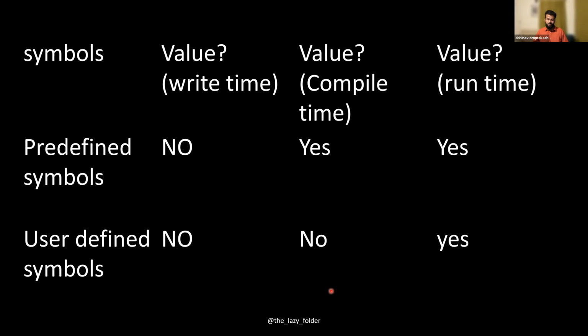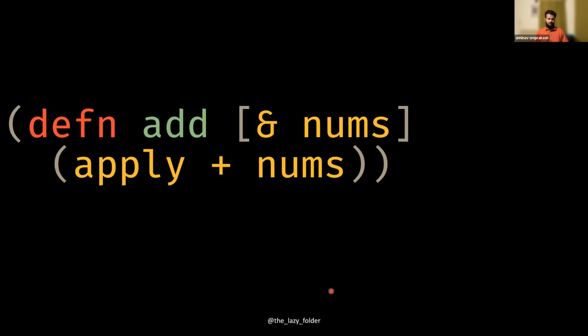In a correct Lisp program, of course, because if it's not correct, then you might get an unresolved var exception. So I bring this back because when we are writing this function, we know for sure that nums is going to be resolved to a value. So mentally, when we're writing this, we substitute the symbol for a value and we operate on it as if it were a value.